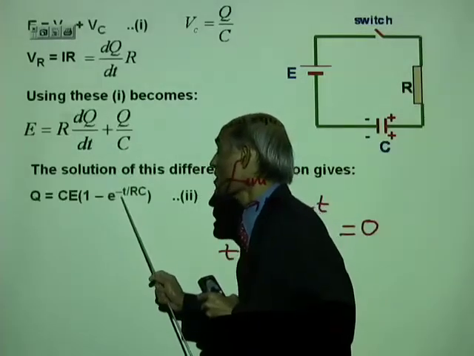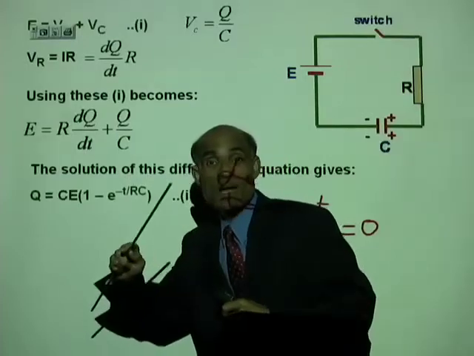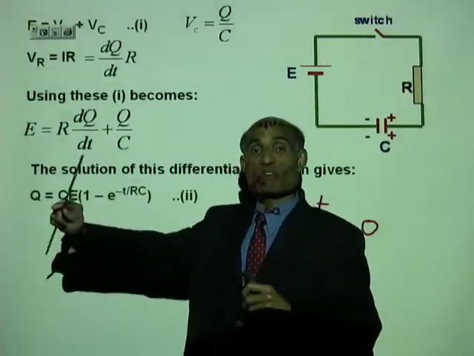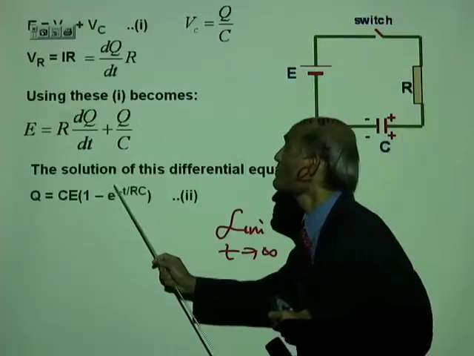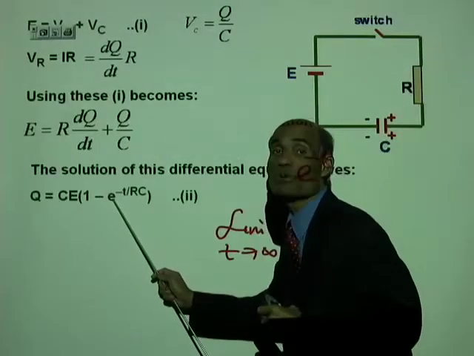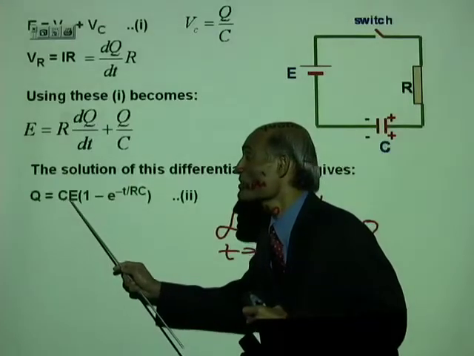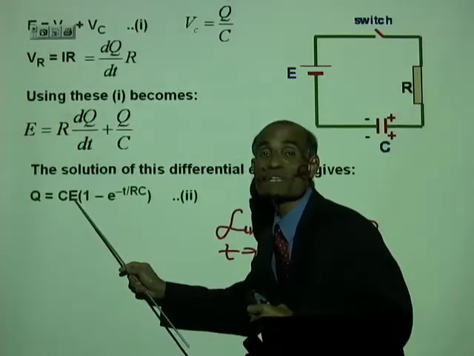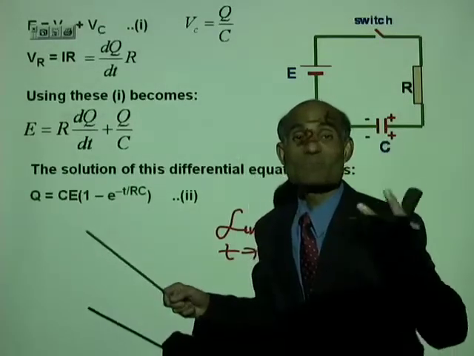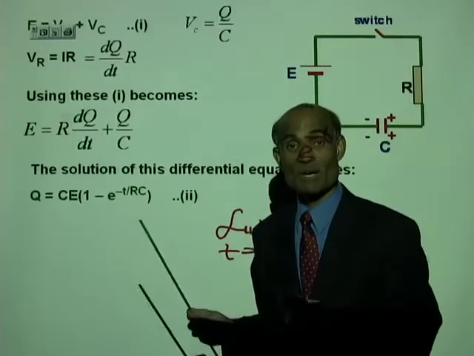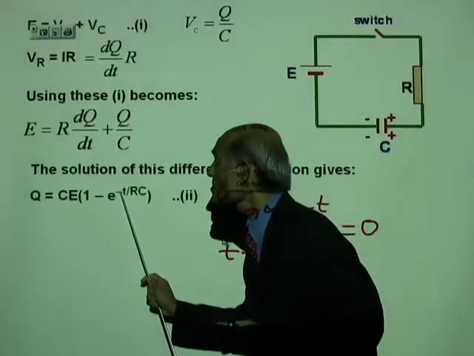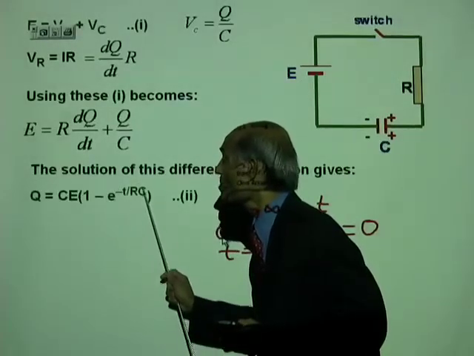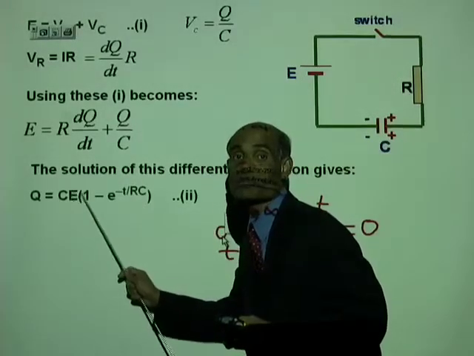As time goes to infinity, after a very long time, this quantity will be 0, and the amount of charge will then be equal to CE, which is the maximum amount of charge. I hope you're following what I'm saying. In the beginning, when t equals 0, the value of this is 1, so q is 0.